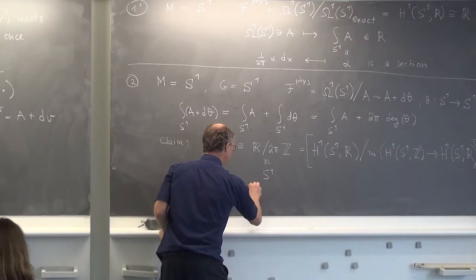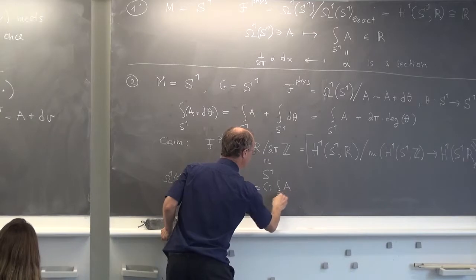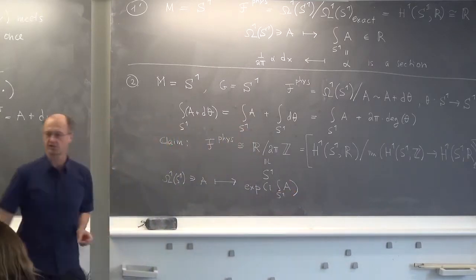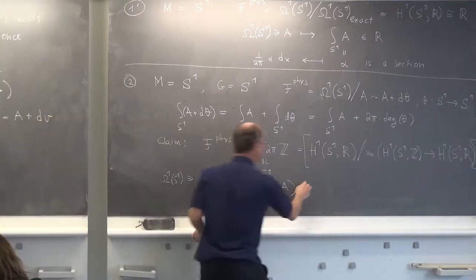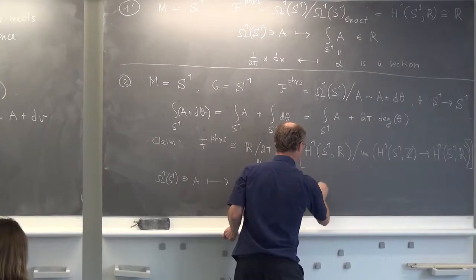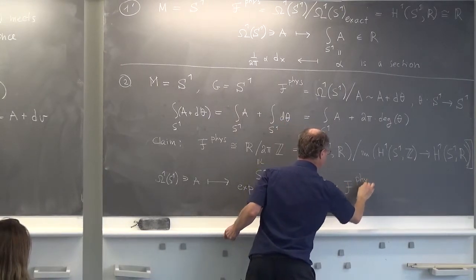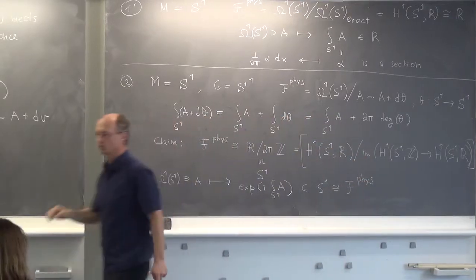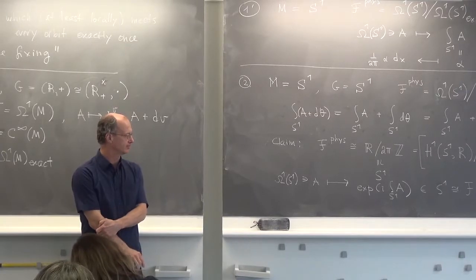And the idea is to take the exponential of this integral. It kills exactly this ambiguity. So this is an element of S1, which is now F physical.